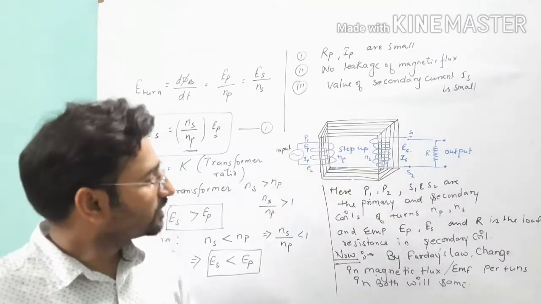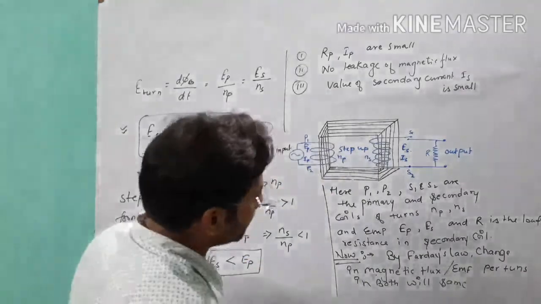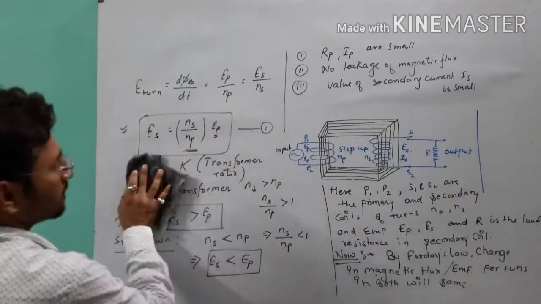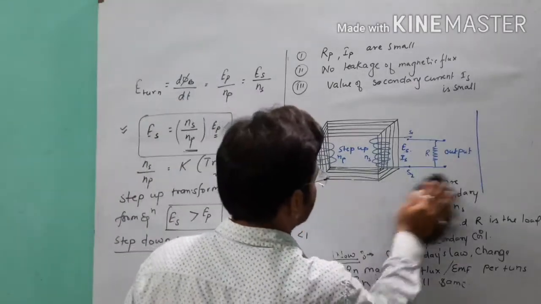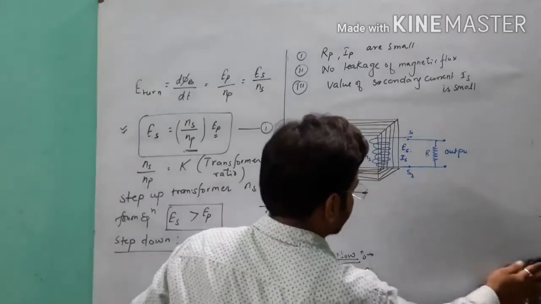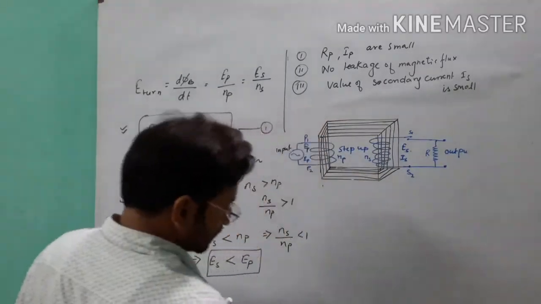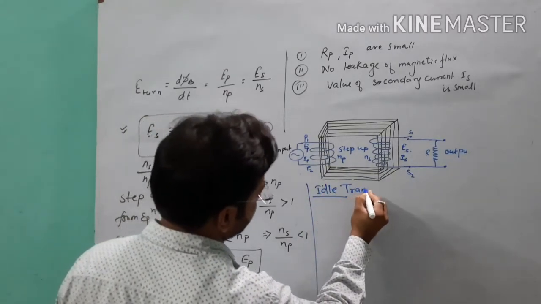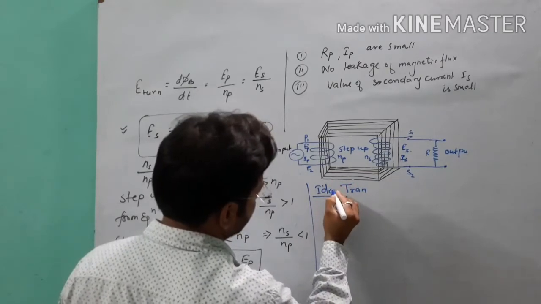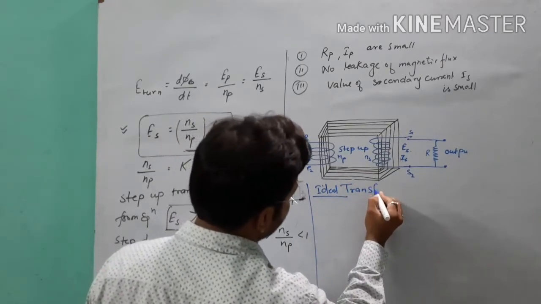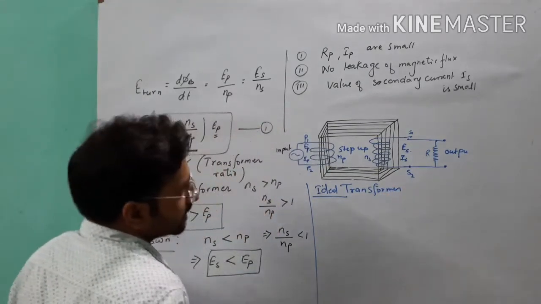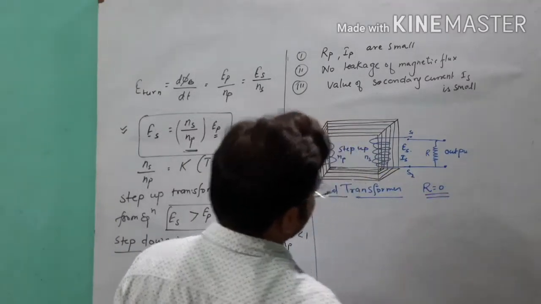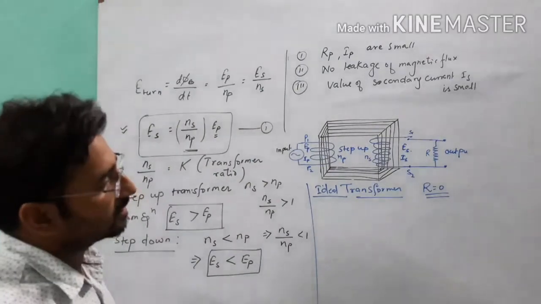So when we talk about the condition of an ideal transformer, the resistance of the coil will be 0.